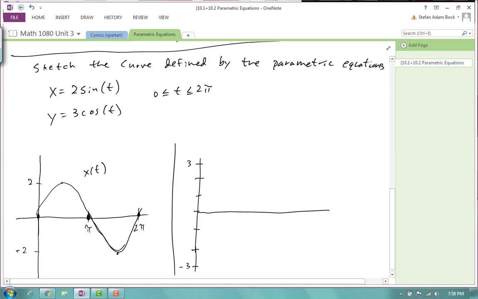And it's going to start at the top because it's cosine. So it's going to be up here, down there, down here, up here, and back up to here again.